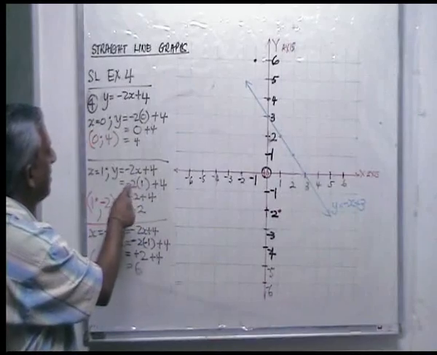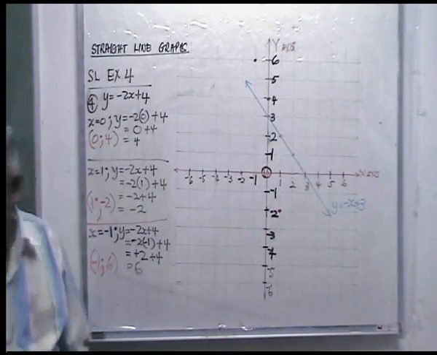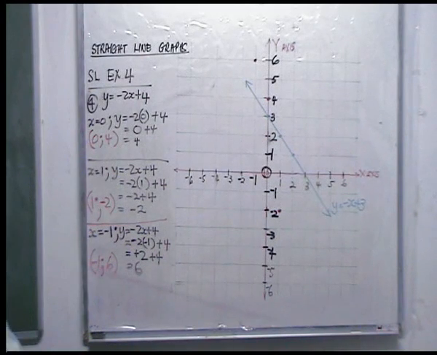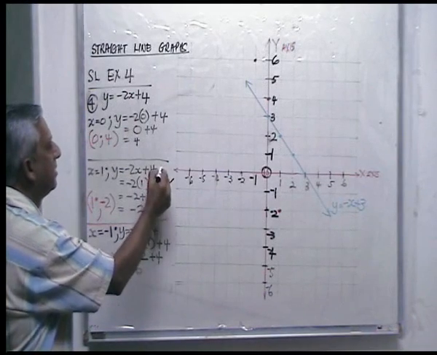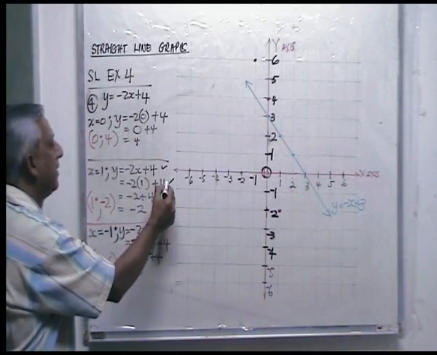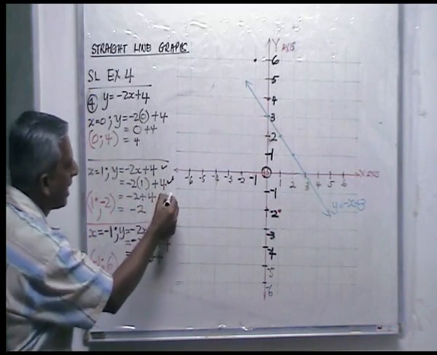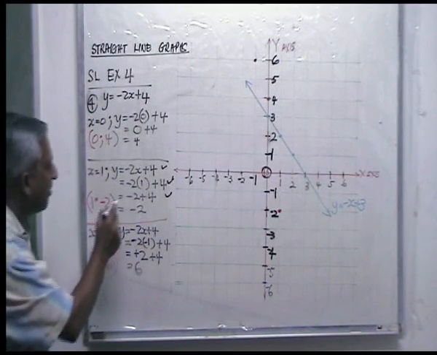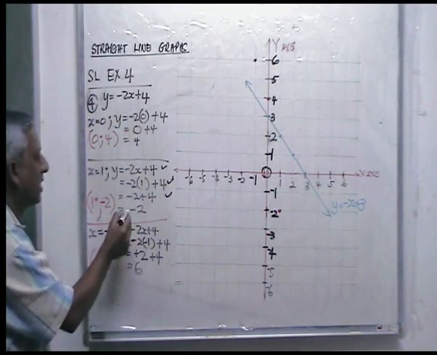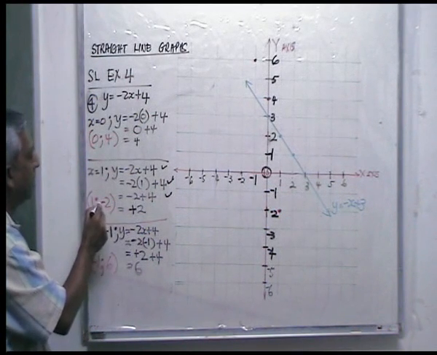Minus 2 times 1 is minus 2. That working is correct. Now minus 2 times 1 is minus 2 plus 4. That is correct. So up till here all our working is correct. But minus 2 plus 4 is not minus 2. It is plus 2. So that's where the mistake was.